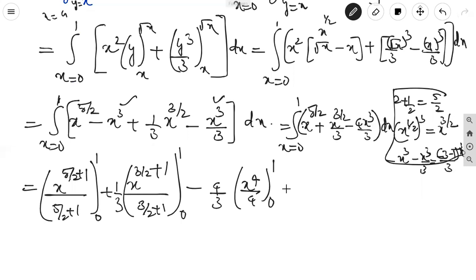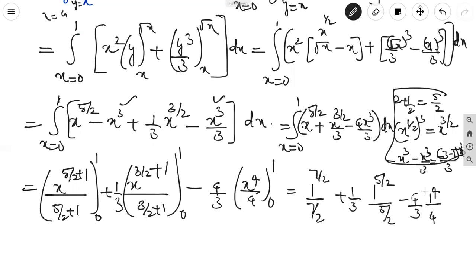It is equal to 1 power, taking LCM, 2 is the LCM, 5 plus 2, 7 by 2 by 7 by 2. Minus 0 is 0, plus 1 by 3 into 1 power 5 by 2 by 5 by 2. LCM of 3 by 2 plus 1. Minus 4 by 3, 1 power 4 by 4.